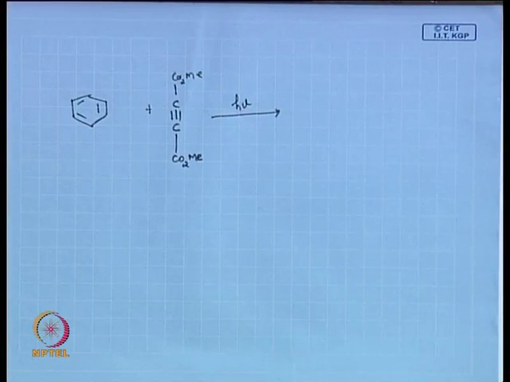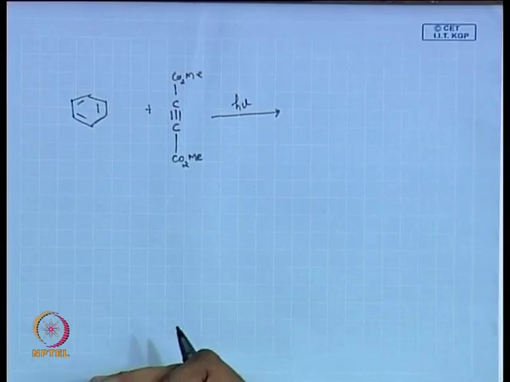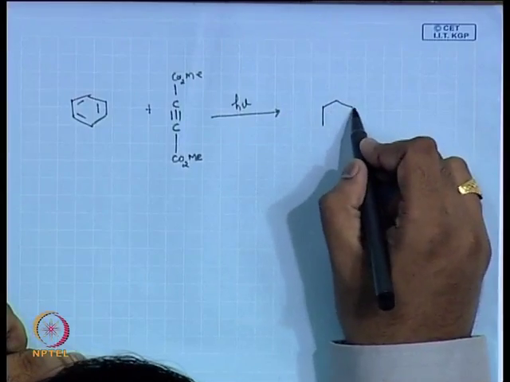So, what will be your dominating product in this? You have a benzene, you have an alkene, that is your alkene type of system. So, your 2 plus 2 will be the feasible product, right. So, I can write a nice 2 plus 2 for this.